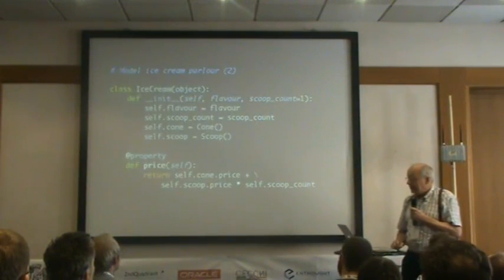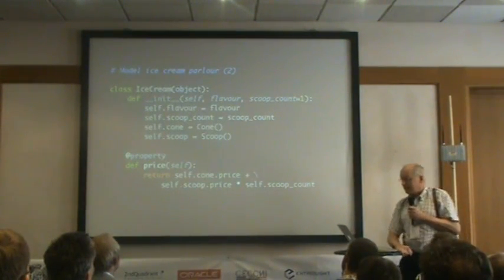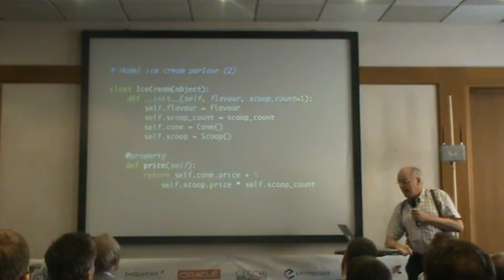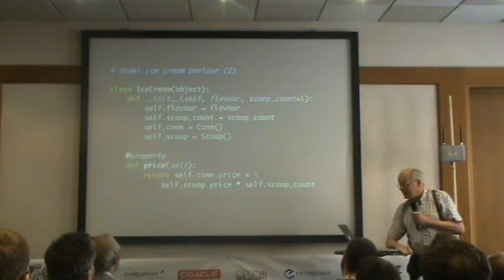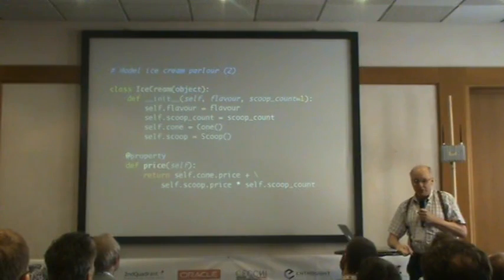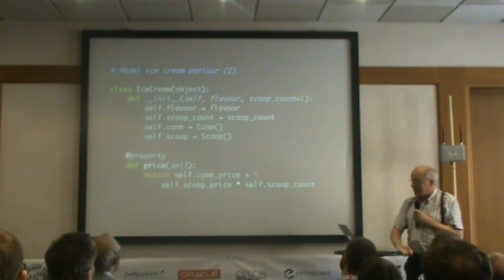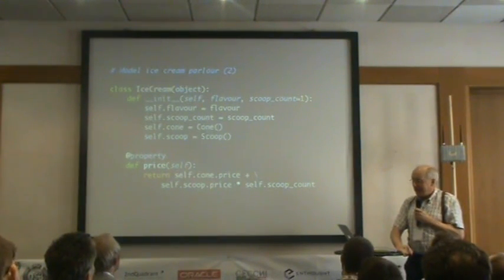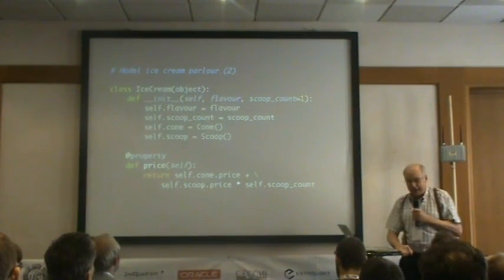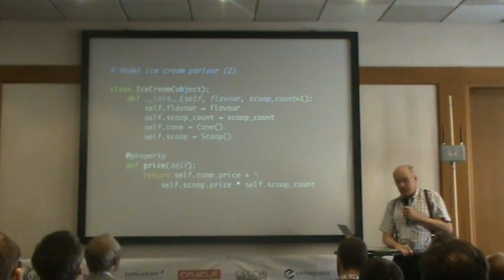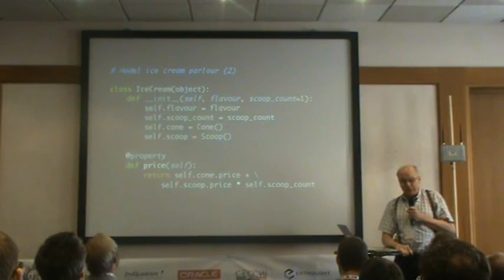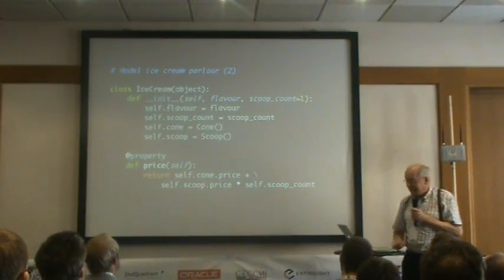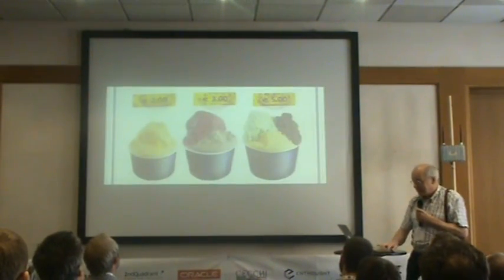Well, I can then start to say, I want to have a flavour of the ice cream and I want a number of scoops. So I put in a scoop count, maybe it defaults to 1, and then I start to think, how am I going to produce a price? And I can have it take the price of a cone and the price of a scoop and put them together, and we're well on the way to a pricing engine.